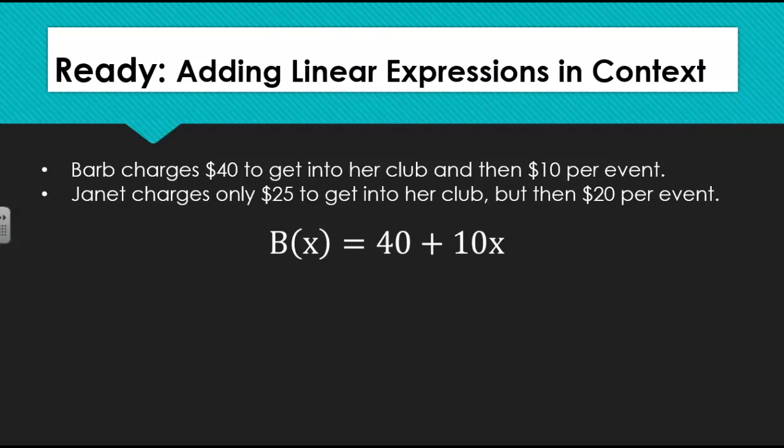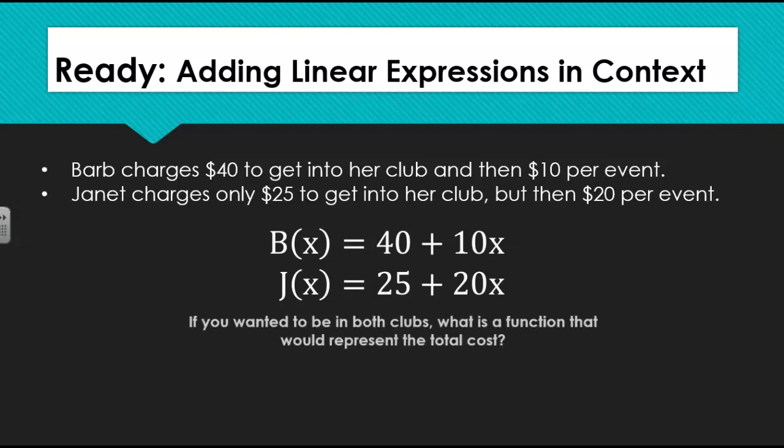That's the amount that she's charging, the flat fee, just to get into the club, plus $10 per event, and x is representing the number of events that an individual will attend. When we look at Janet's function, j of x equals 25, that's her flat fee, plus $20 per event. Again, x is representing the number of events attended.